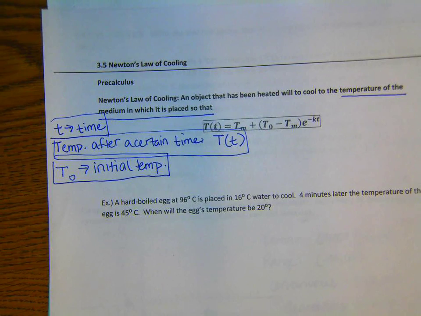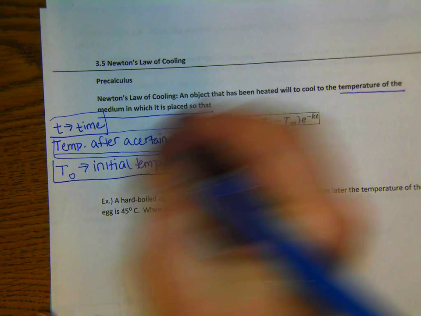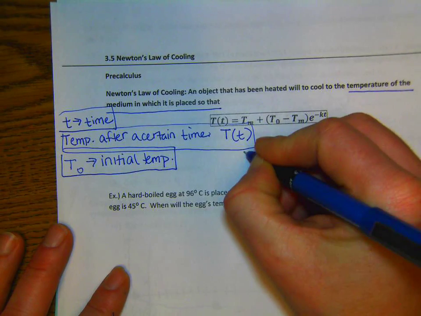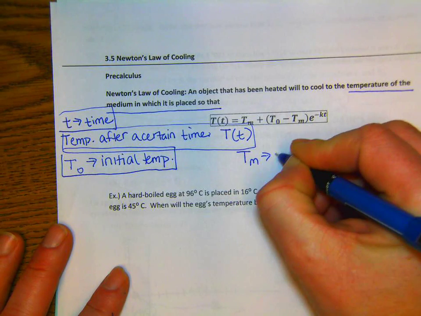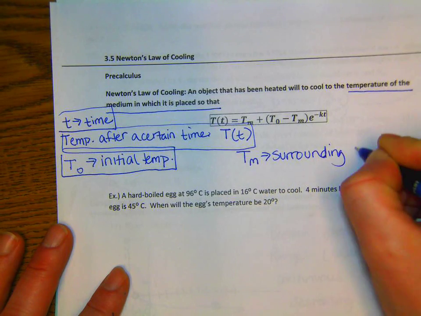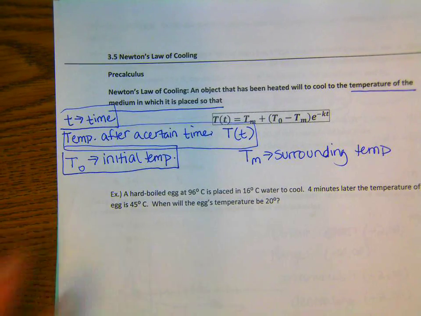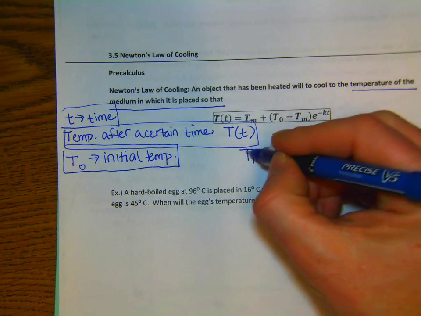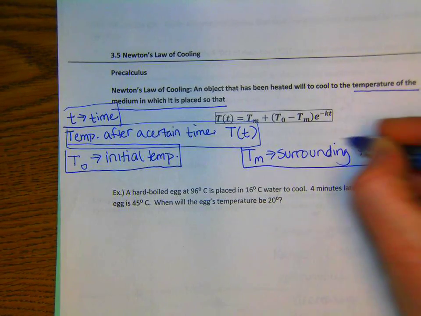Unless something was acting on it, it would cool down to the temperature in which it's placed. So for T sub m, instead of the medium temperature, I'm going to write just the surrounding temperature. Or if you want, you can put room temperature, as long as it's cooled in a room.